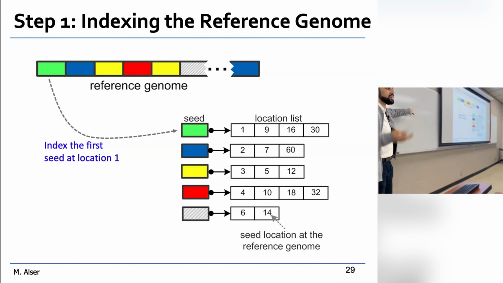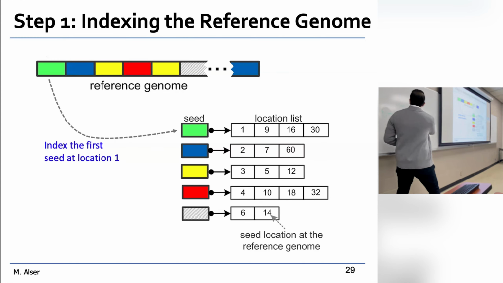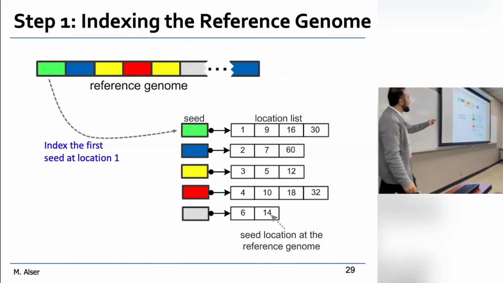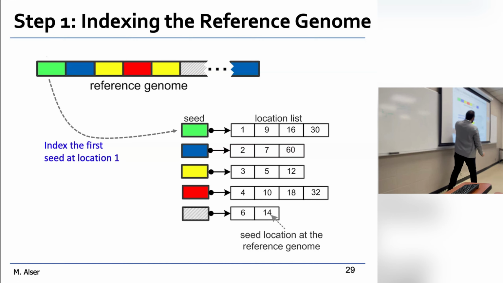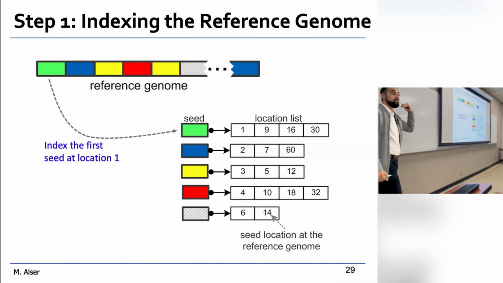Now, do we have any green? No. So that's it for the first row. Now we move to the second seed. It's a blue, right? If this is 10 characters, then what is the location of the first character from the blue piece? 10, right?